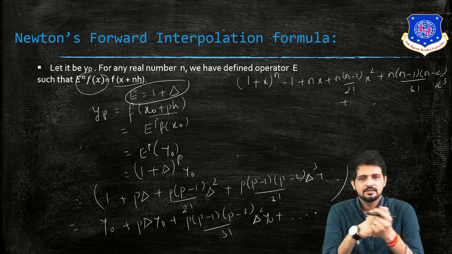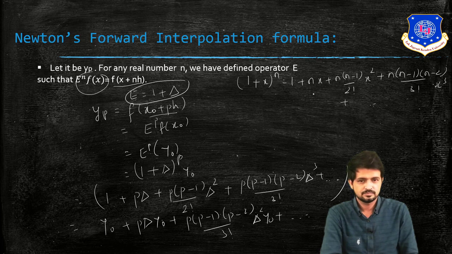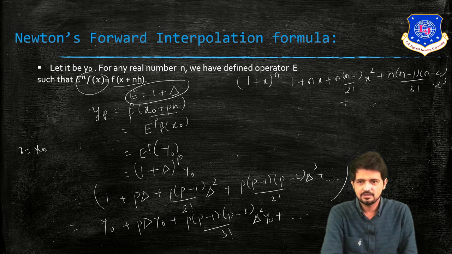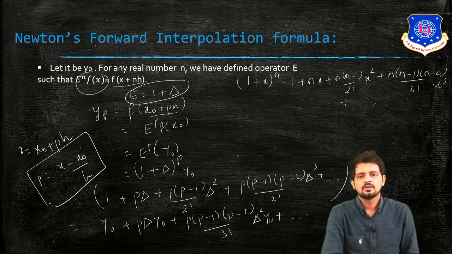And what about p? See, here we have taken x is equal to x0 plus ph. So what will be my p? p will be x minus x0 upon h. You can also expand it further.